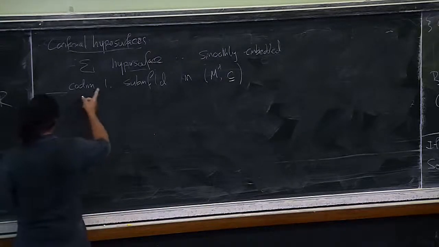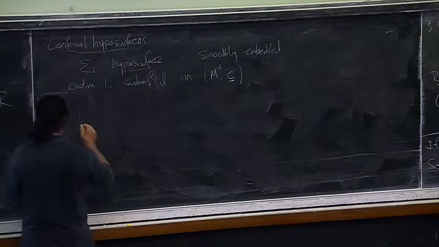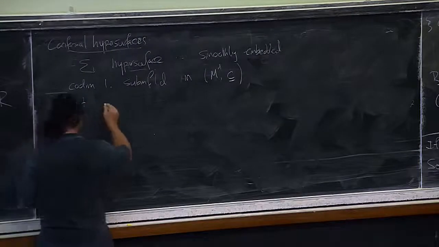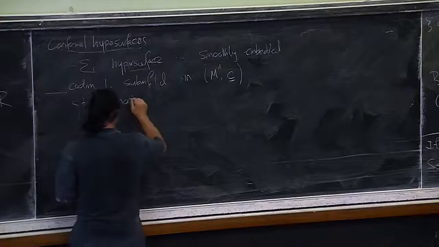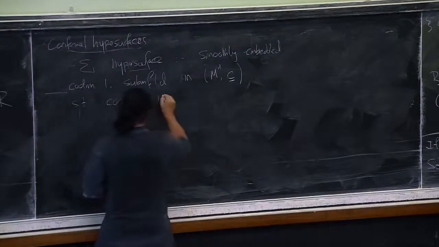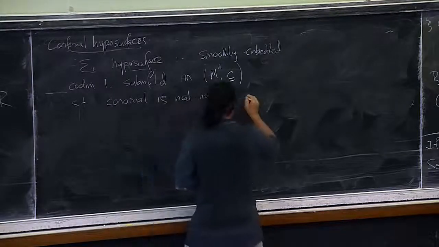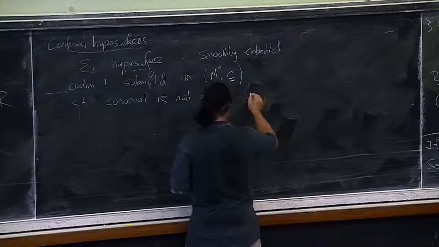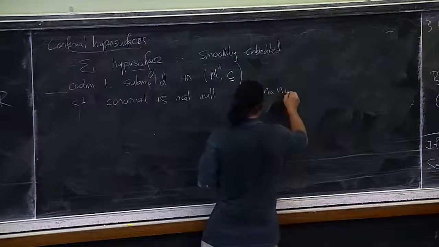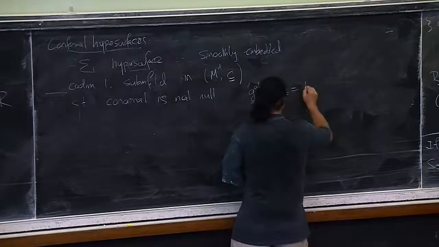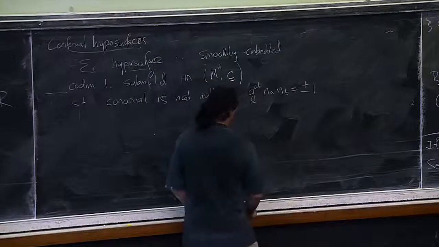And I want to assume that the normal, or the conormal, is not null. So we can normalize it so that g^{AB} n_A n_B equals plus or minus 1, allowing for whether it's space-like or time-like and so on.